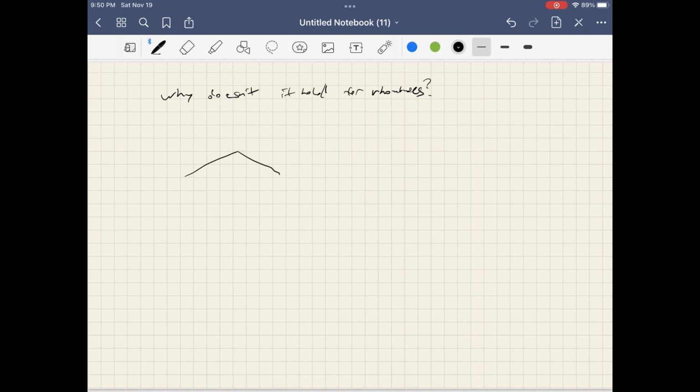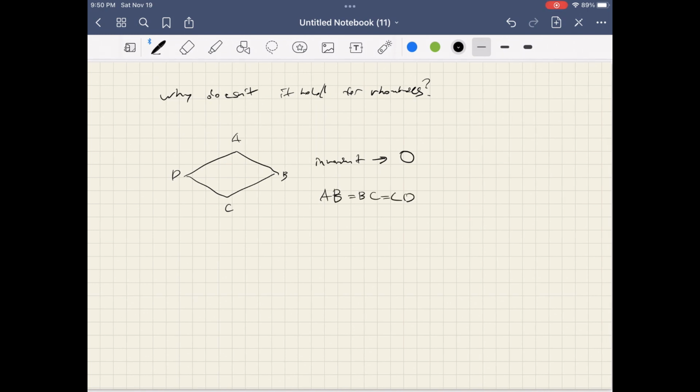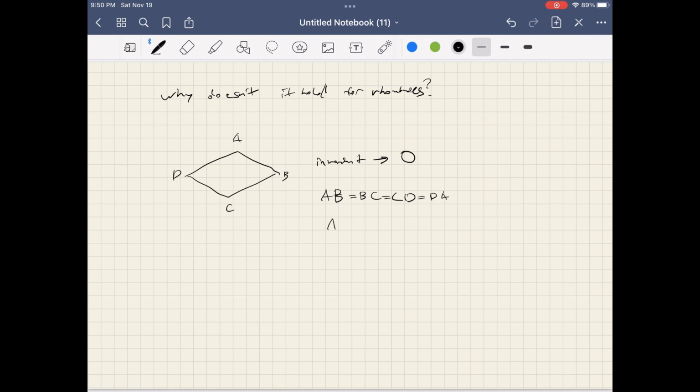And this has to do with the fact that in a rhombus, the invariant is actually 0. Because if AB equals BC equals CD equals DA, then AB squared minus BC squared plus CD squared minus DA squared is equal to 0. So the invariant quantity is equal to 0.